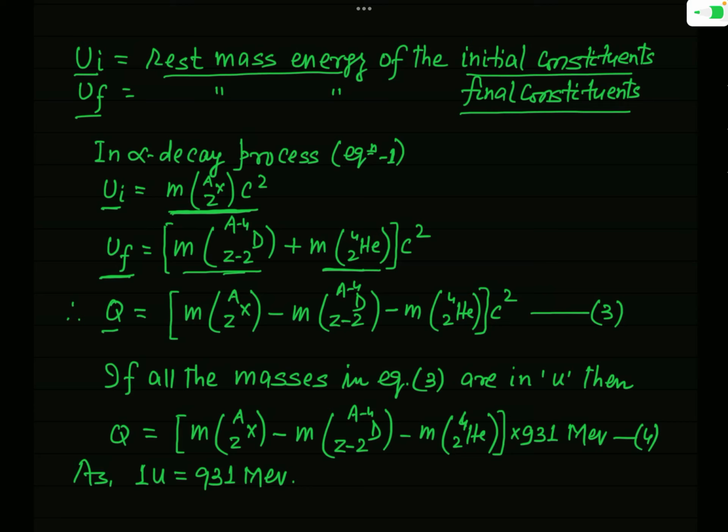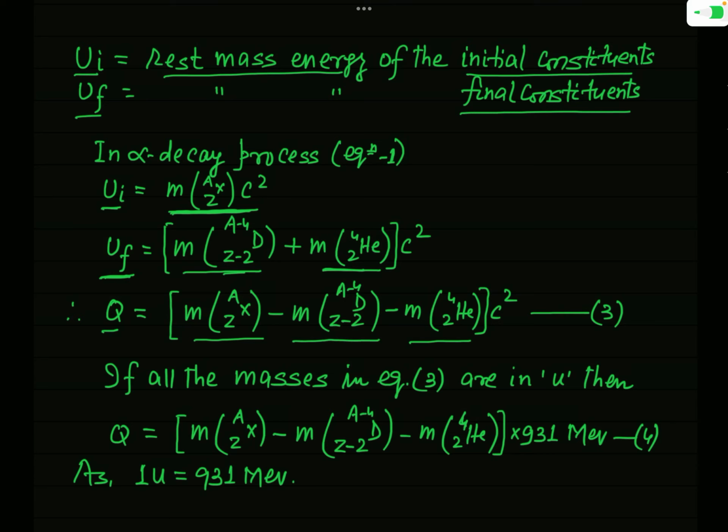So we will subtract this Uf from Ui. And when you subtract, what will you get? This Q will be equal to m of ZXA minus m of the daughter nucleus (Z minus 2, A minus 4) minus m of 2He4, times c square. So this is the Q value of this process.